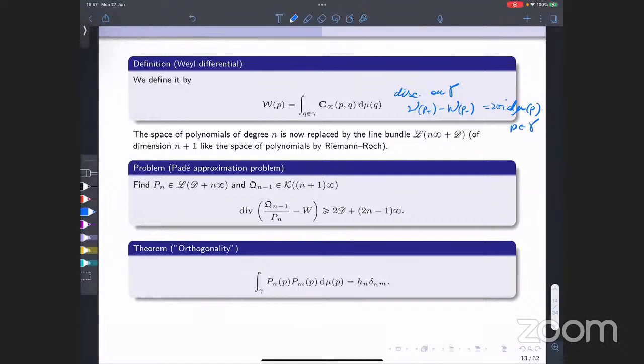So now there are no polynomials on Riemann surfaces, right? What replaces them? Well, you take sections of line bundles.